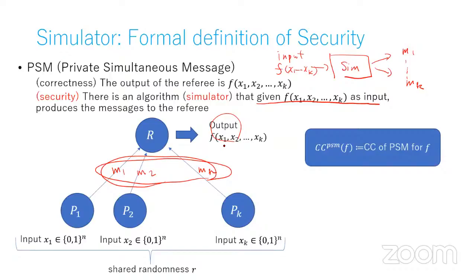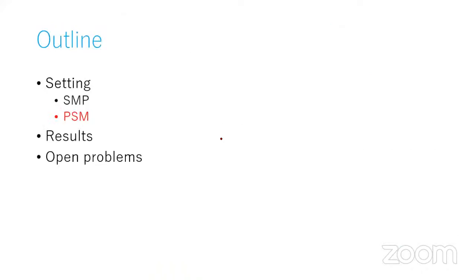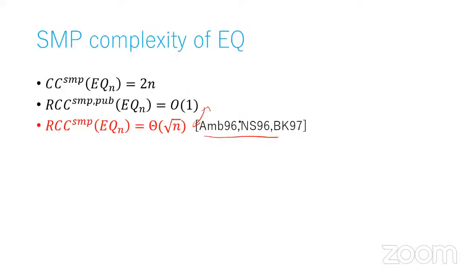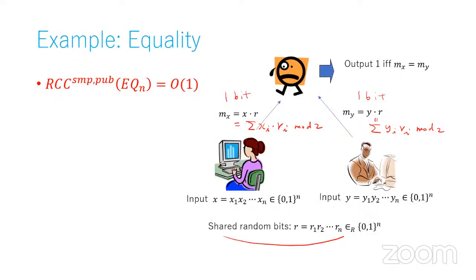Can I ask one question? In the randomized communication complexity of the EQ problem, could you move to the slide? I couldn't understand why it is O(1) there.